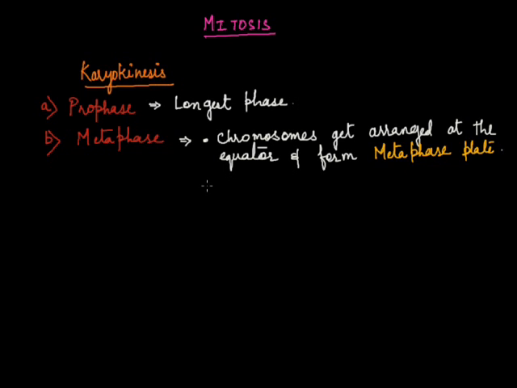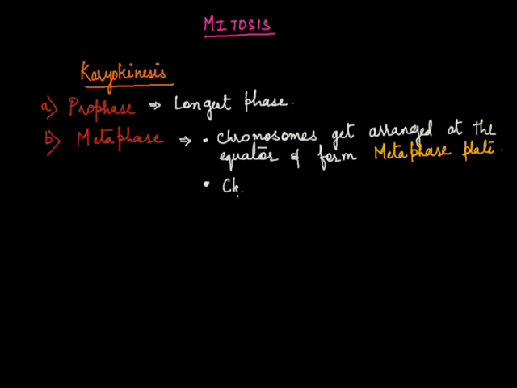One more point that we must remember about metaphase is that during this phase, the chromosomes are shortest and thickest. They have condensed to their maximum, so they appear shortest and thickest, and it is the most suitable phase to study the chromosomes in terms of number, size, and shape. So overall study of the chromosomes is best done at the metaphase stage of mitosis.